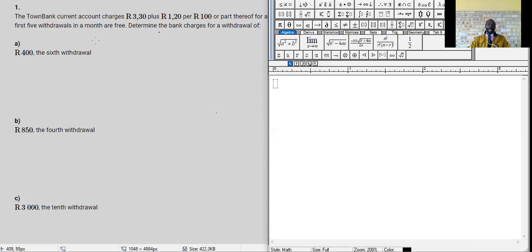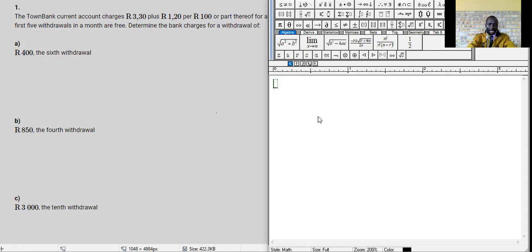Well, the next withdrawals after the first 5. The number of times you withdraw after the first 5 withdrawals, you will be charged. The question is, determine the bank charges for a withdrawal of 400, being the 6th withdrawal.